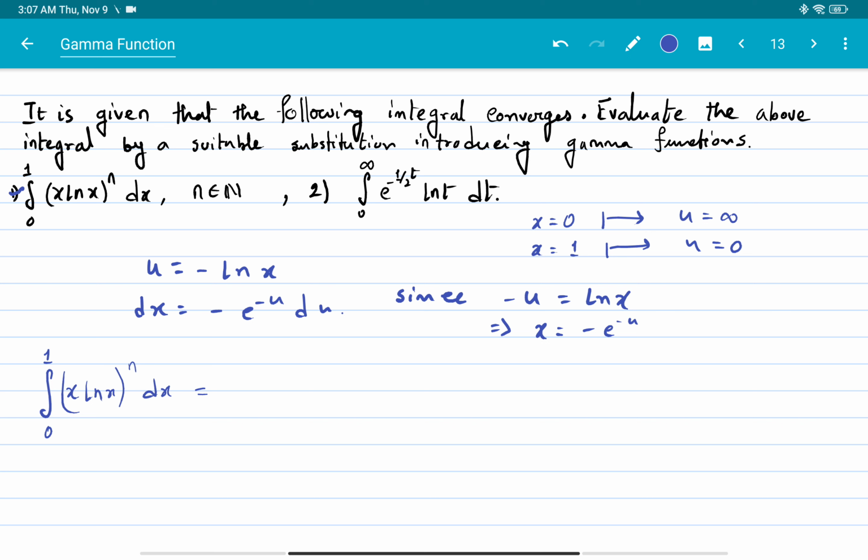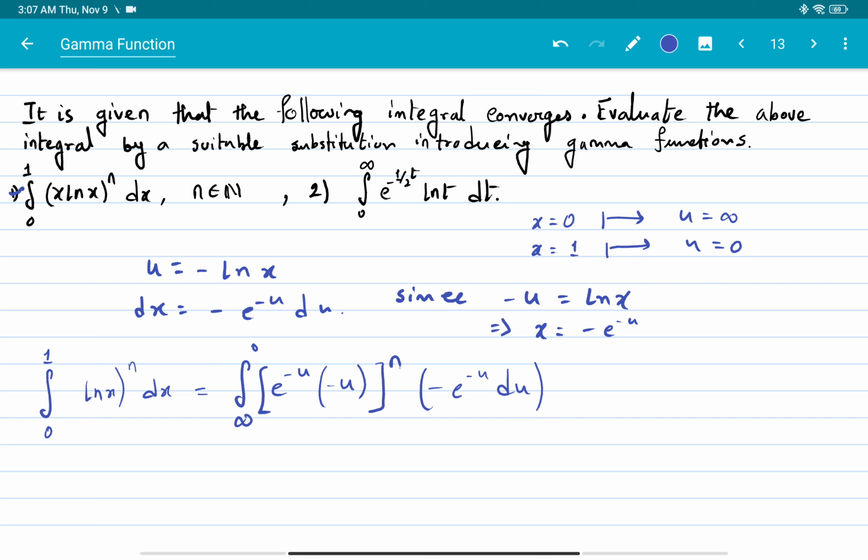So this is positive infinity to 0, so we can write e to the power minus u to the power n, and minus e to the power minus u du.